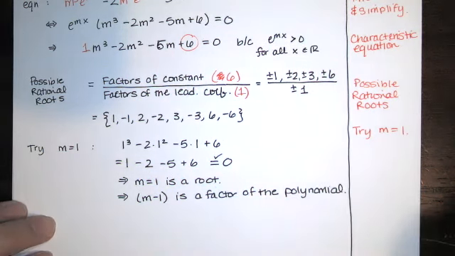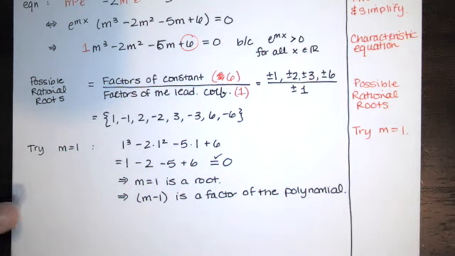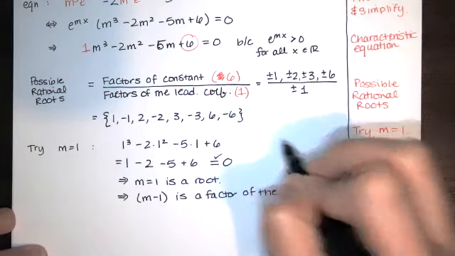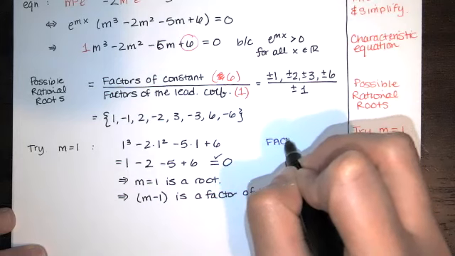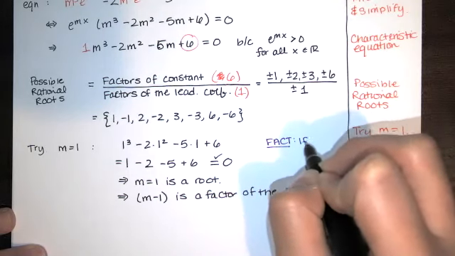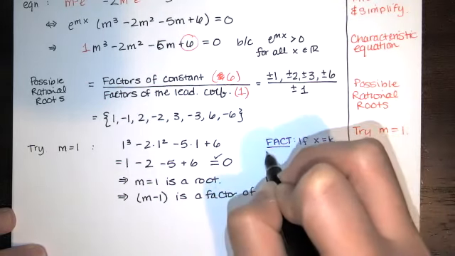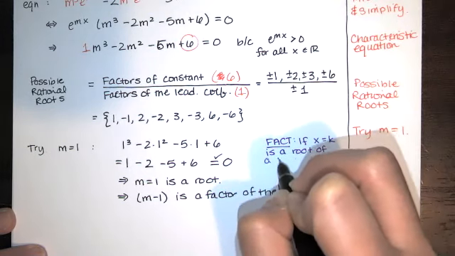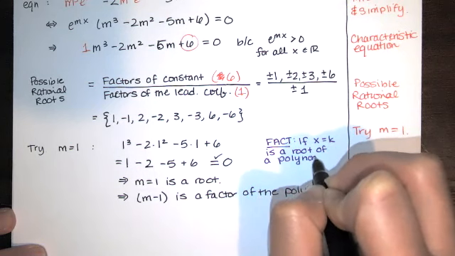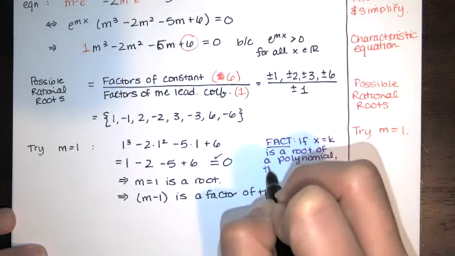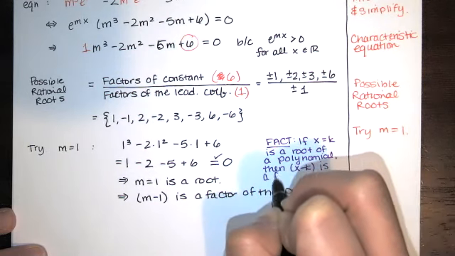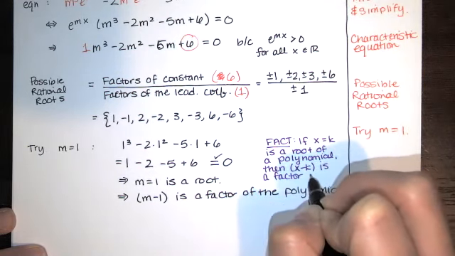Let me just jot down that rule for you again. It's a fact: if x equals k is a root of a polynomial, and it has to be a polynomial, then x minus k is a factor of that polynomial.